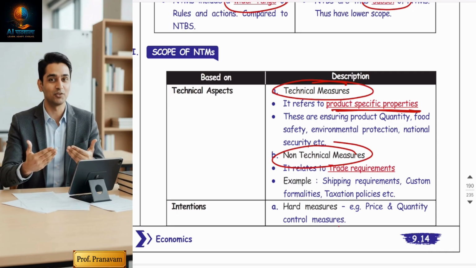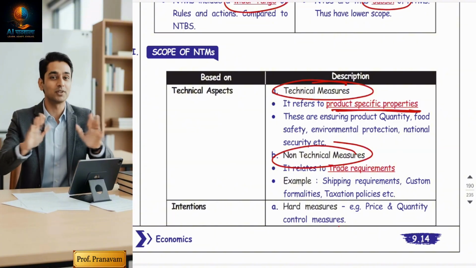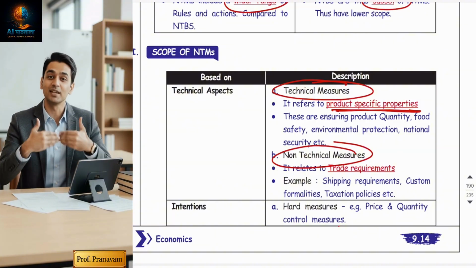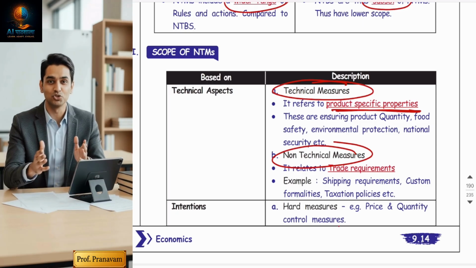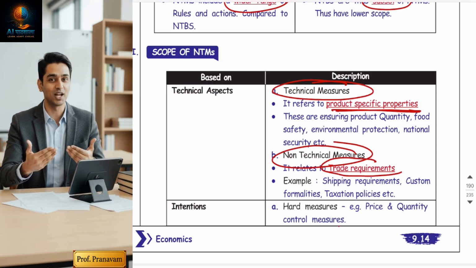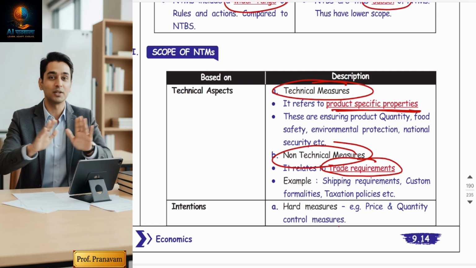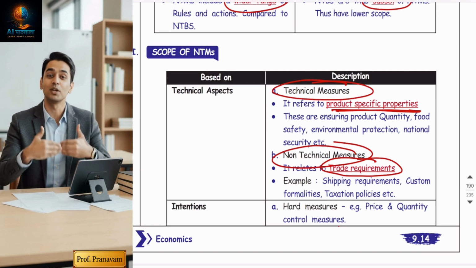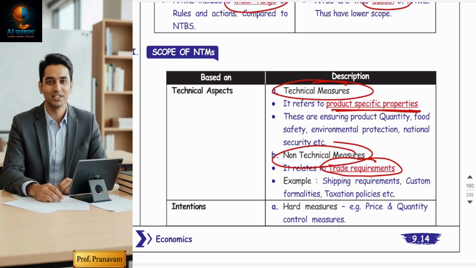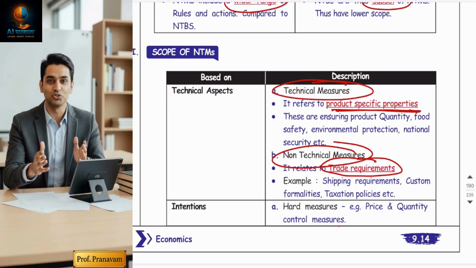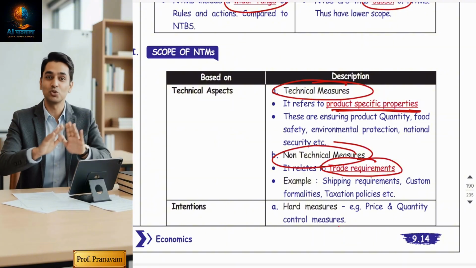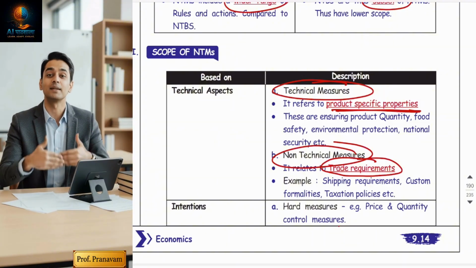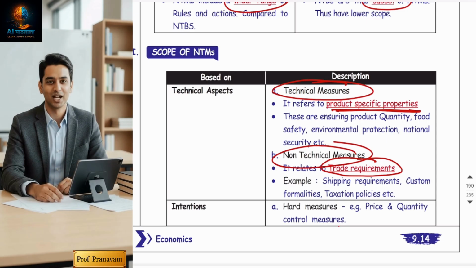It is related to product-specific properties. Non-technical measures are related to rules and regulations. They are the trade requirements. So technical measures are imposed on the products, and non-technical measures are formalities and legal procedure related requirements.